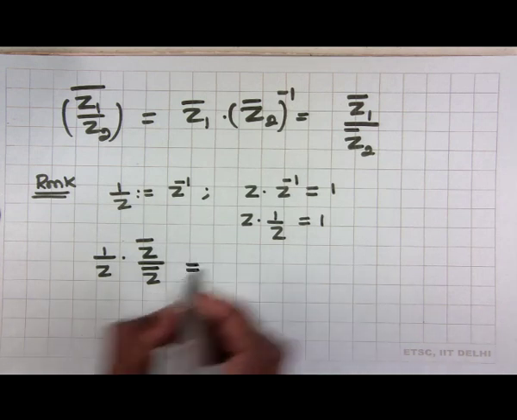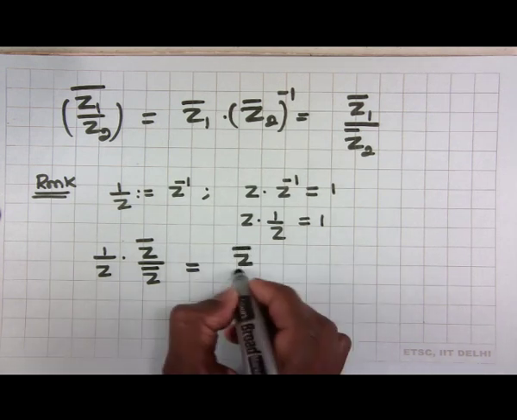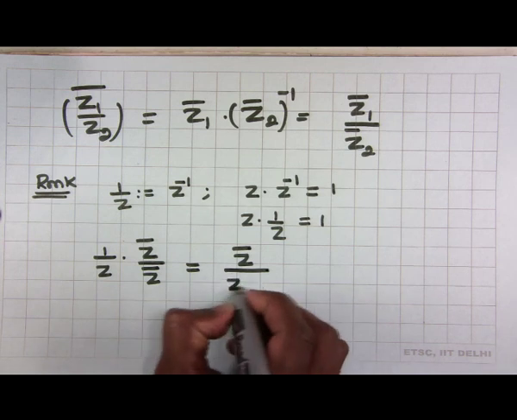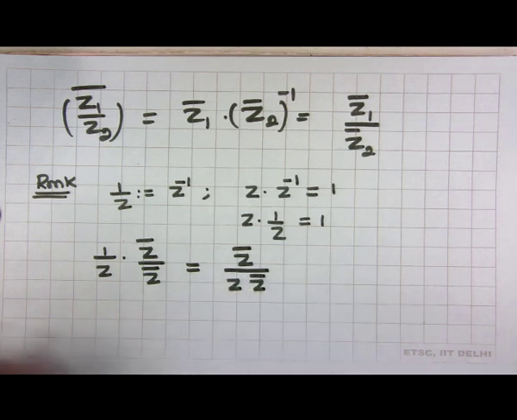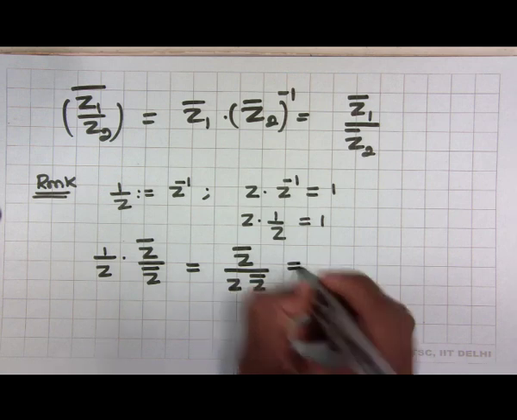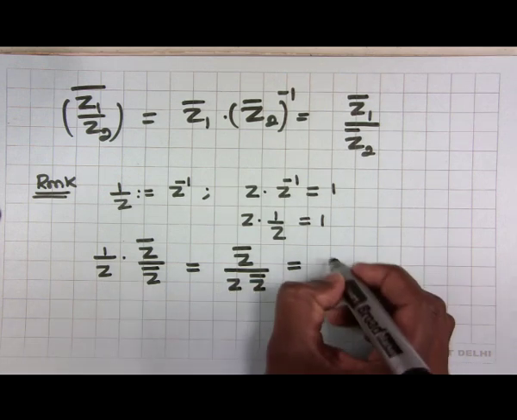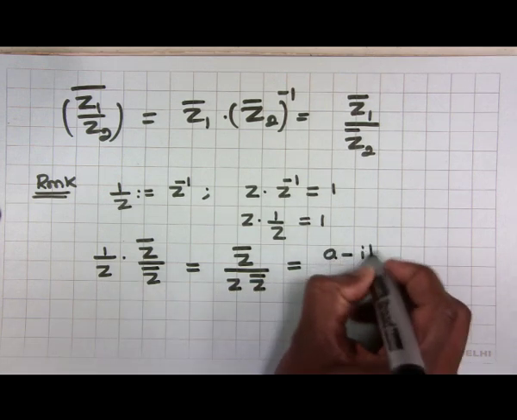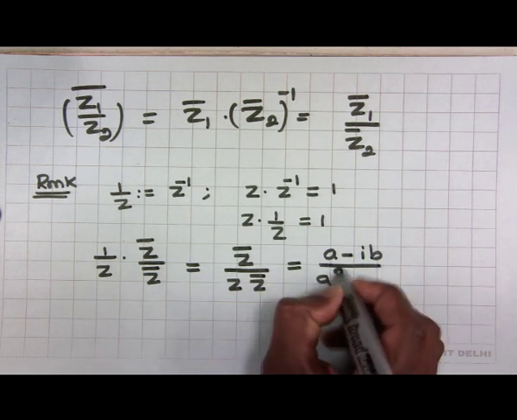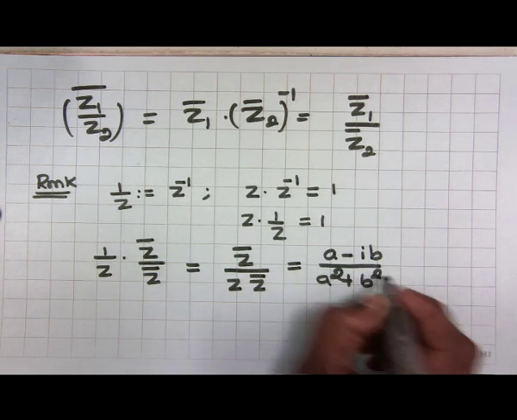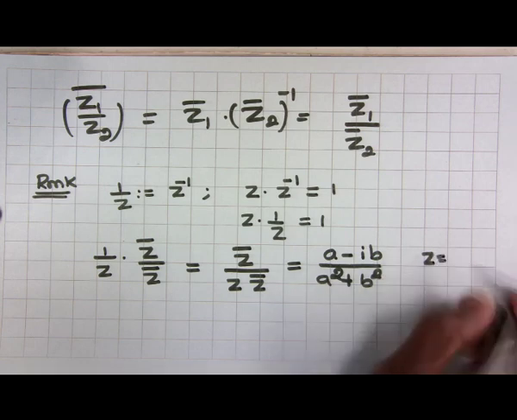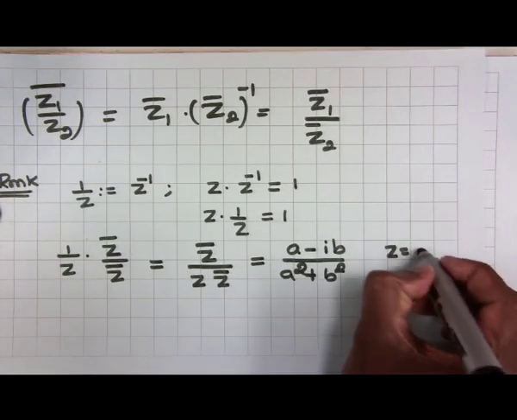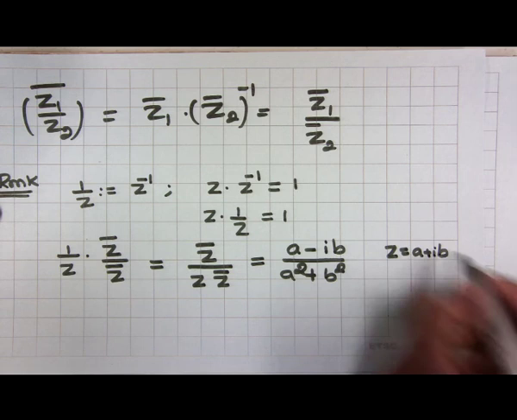Then what you get is Z bar divided by Z into Z bar. So, we know what this factor is: this is a minus i b, over a square plus b square, where z is written as a plus i b.